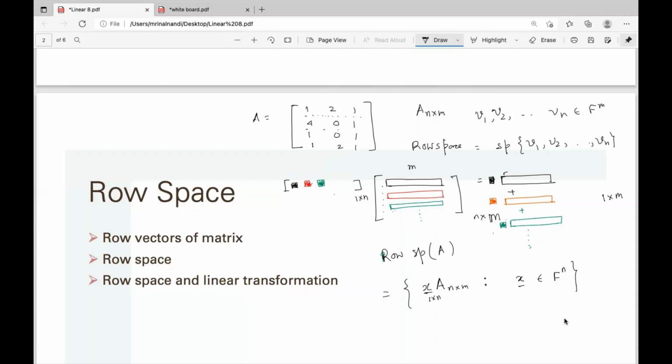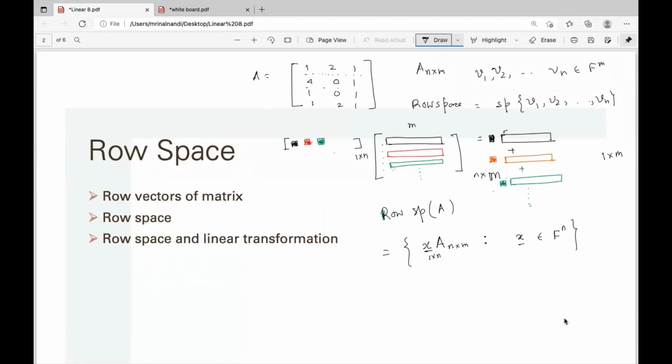So you can think in both ways. You can think of it as all the linear combinations of row vectors, or as xA, where x is any row vector of Fn. So that means your row space is nothing but a linear transformation.